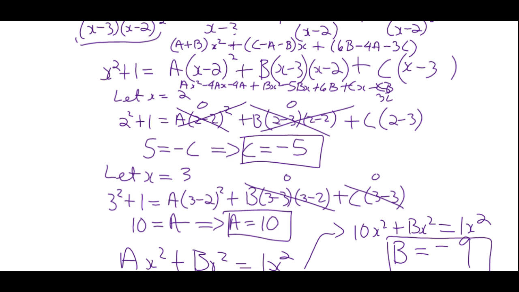So you can say, okay, I know a plus b is 1. I know that c minus a minus b is 0, because there's no x term here. And I know that 6b minus 4a minus 3c is 1. You could solve that system, right? Why you'd want to, I don't know, but you could. Actually, your calculator can do it for you quite easily. If you know how, feel free to use it, and if you don't, it's matrix stuff.